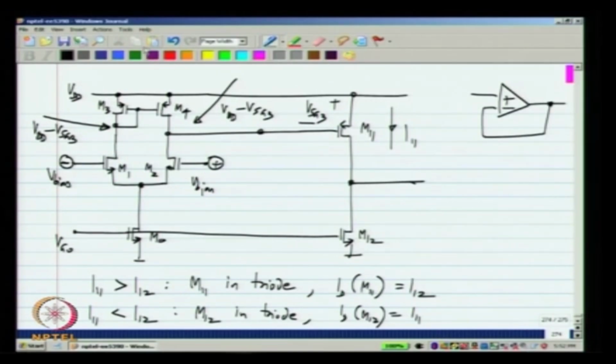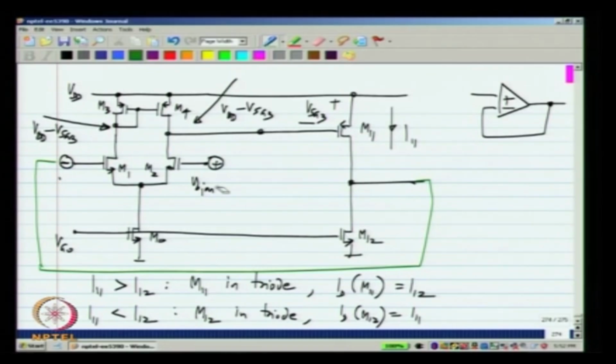Let me connect it up in unity feedback like that, and apply Vbias to that stage, and let us say Vbias is somewhere in the middle of the supply. Let us say VDD by 2. Now, what do we expect if the op amp is ideal? If this is VDD by 2, I would expect VDD by 2 over there.